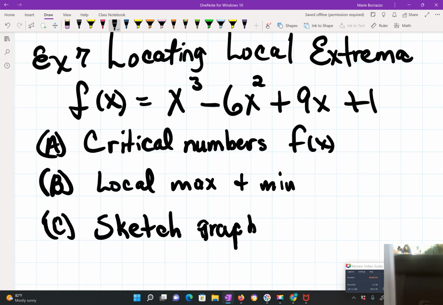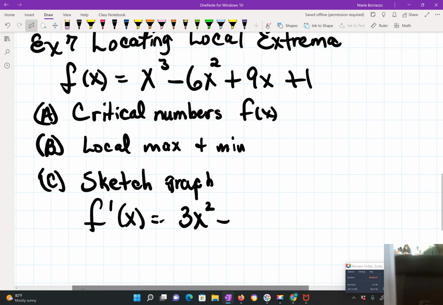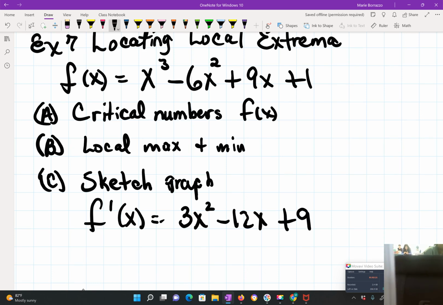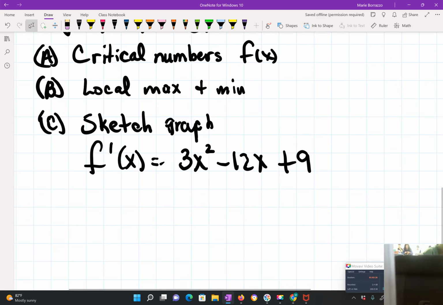So, first thing you want to do is take the first derivative and we're going to factor. So f prime of x is equal to 3x squared minus 12x plus 9. So that's step 1. Notice that they all are divisible by 3. So let's factor out the 3.